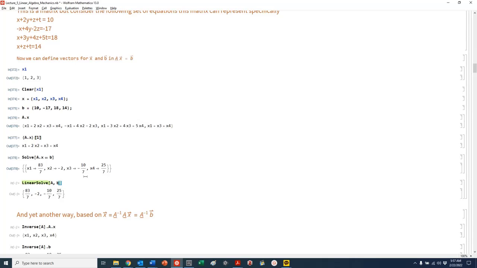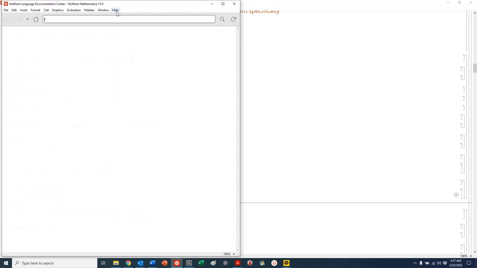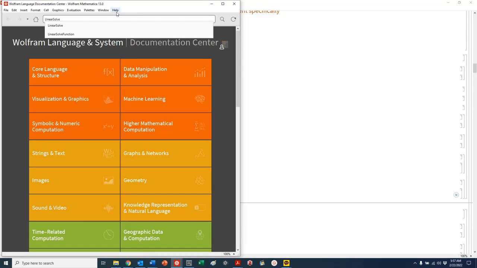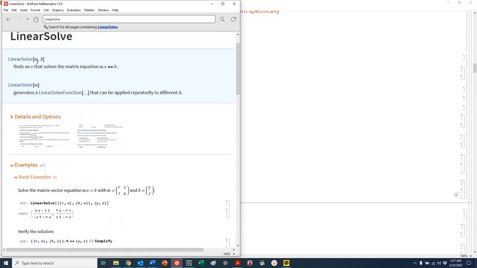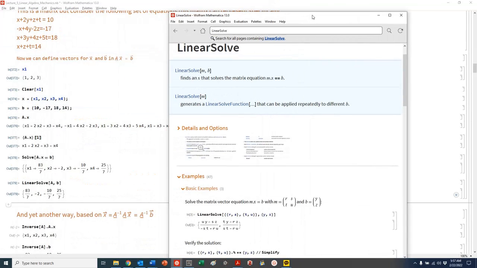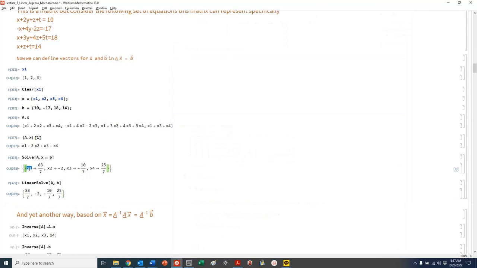I can also use a function called LinearSolve. LinearSolve is actually pretty cool. It will basically say, okay, you've given me a matrix, you've given me a b, find an x that gives me the solution. So it's essentially the same thing, except instead of x1 goes to, it gives you those values directly, in the order that you set it up.